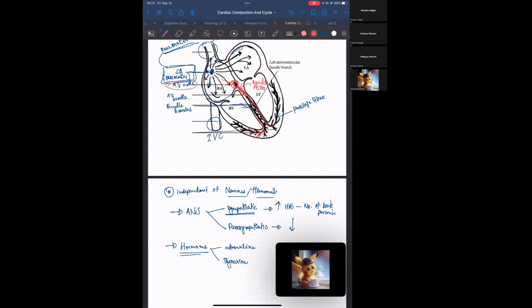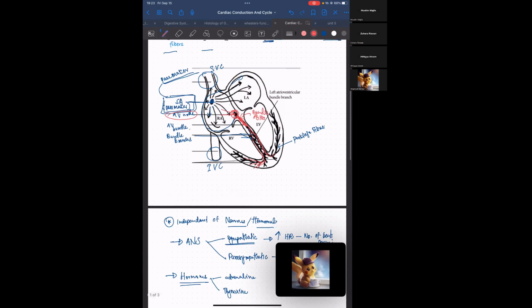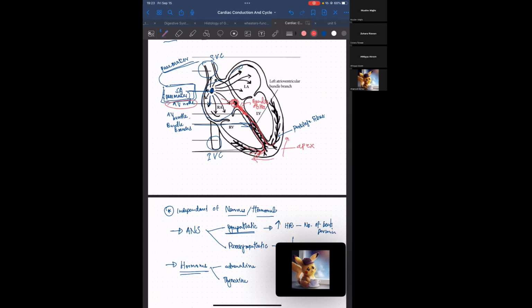Let's say this is the apex of the heart. The impulse will travel outwards and upwards, and the ventricles will contract, pushing blood into the pulmonary artery and the aorta. So this is an overview of the conduction system.